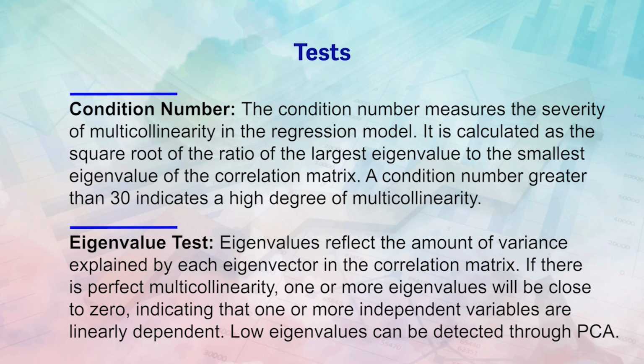Low eigenvalues can be detected by principal component analysis or by examining the eigenvalues directly. One can go for a principal component analysis and take the list of eigenvalues generated. If these values are very low, then the problem of multicollinearity is there.